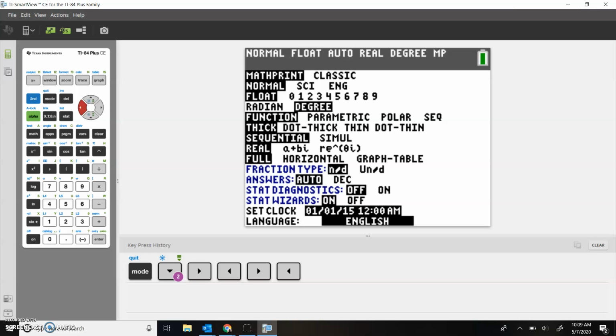Radian is flashing because it's not in radian mode. Degree is highlighted in black. That's the mode we want it in. Let's just pretend for a moment that it's in radian mode. Degree is no longer highlighted. If we wanted to put it in degree mode, we'd scroll over to degree, we'd hit the enter button. All right, and now our calculator is in degree mode.